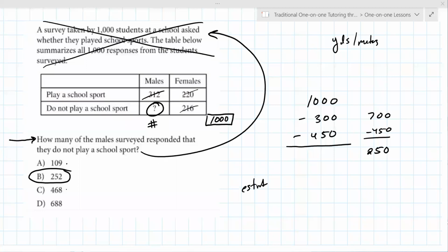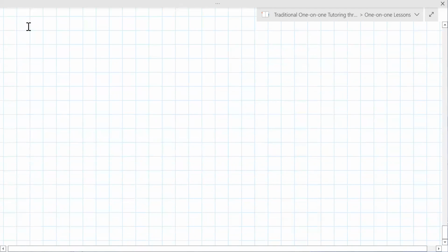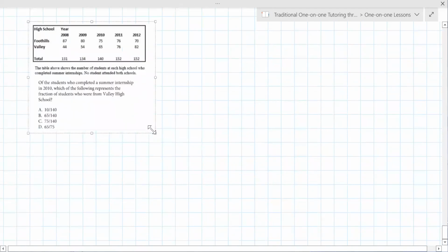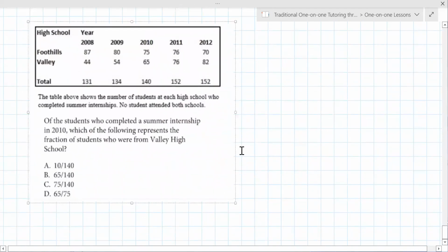Grab a snip of it. Again, go right to the question. You can look at the table, but it's also a good idea to just go right to the question and then look at the table. You don't necessarily need to read the fine print quite yet.